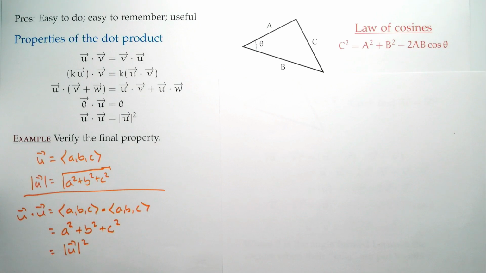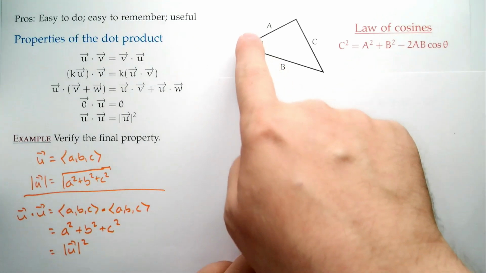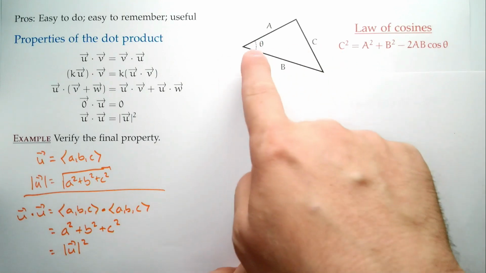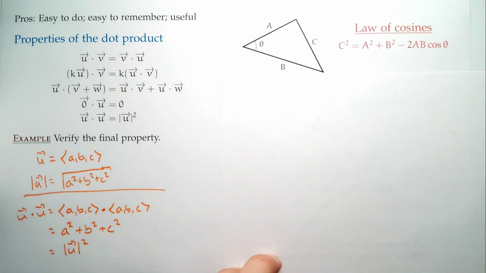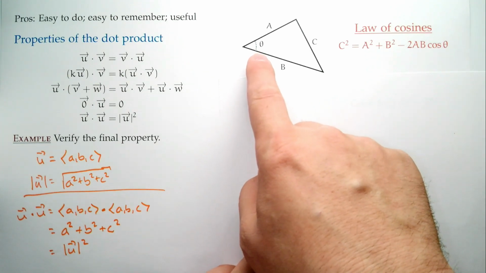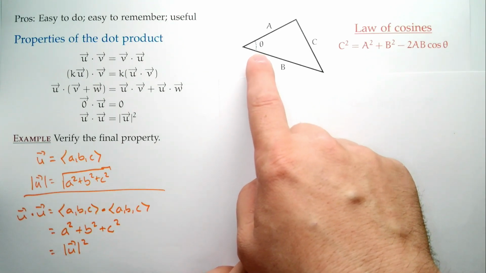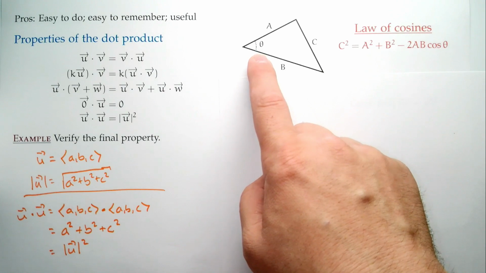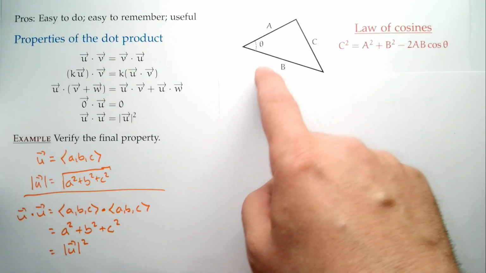In fact, if you think about the picture here, I have a triangle with sides a, b, and c, and theta is the angle between sides a and b. Well, suppose theta were 90 degrees. It was a right triangle. It's not the case here, but suppose it were. Then you'd have a squared plus b squared equals c squared.